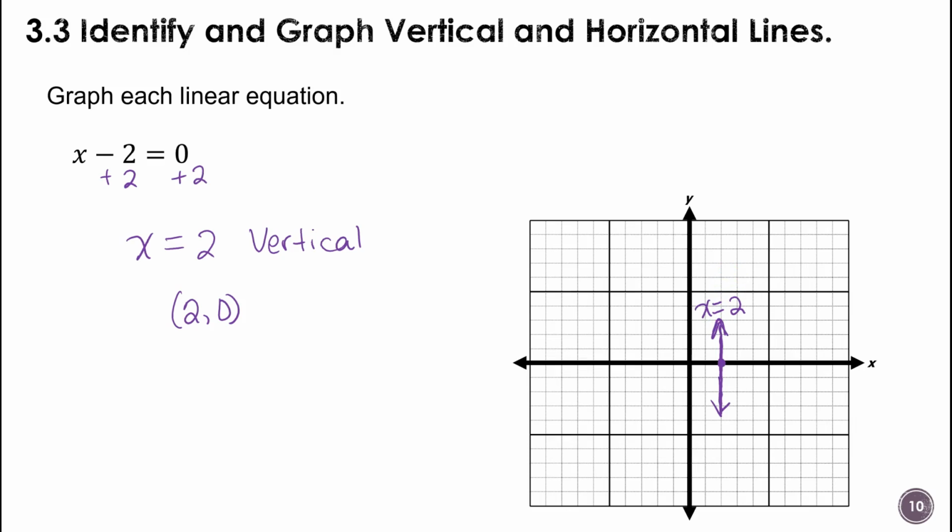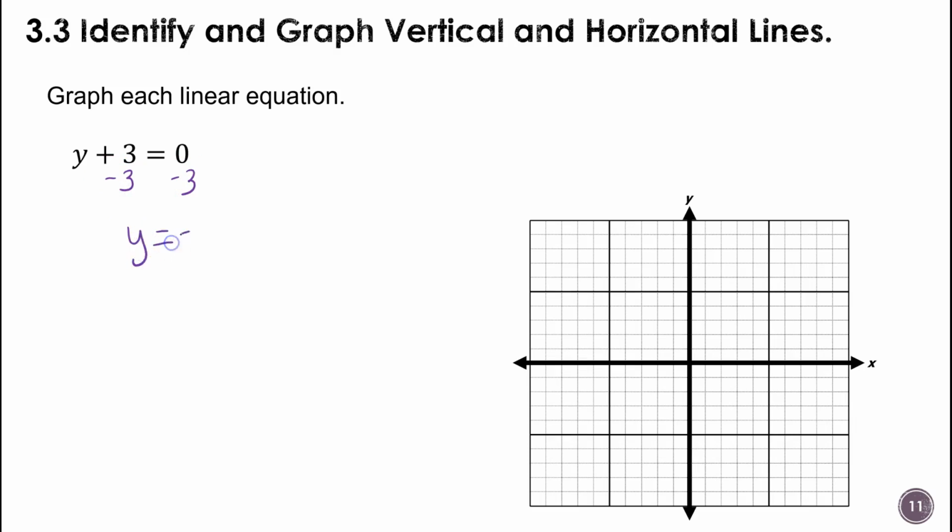That's all you do. So if you don't learn to recognize them, it's going to be hard to get them graphed. Same thing on this. We're going to solve for y, so we subtract the 3. y equals -3. This is going to go through the y-axis at (0, -3). Right? That's my y-intercept. There is no x-intercept for this line.